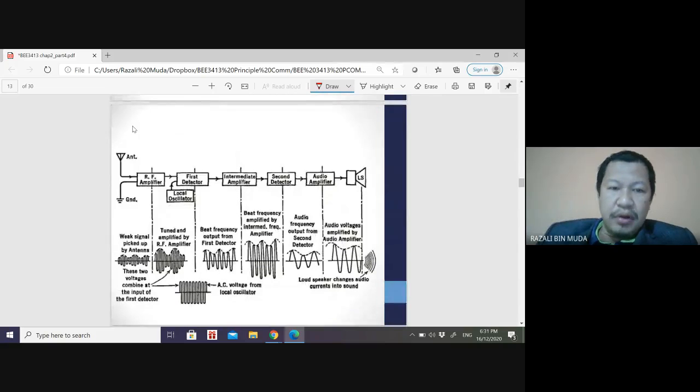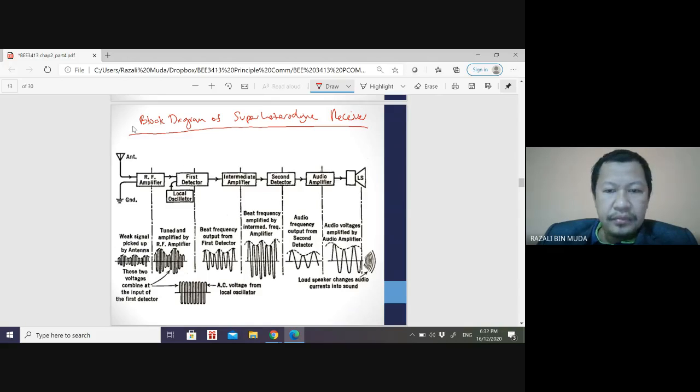Okay, so this is the block diagram of the superheterodyne receiver.